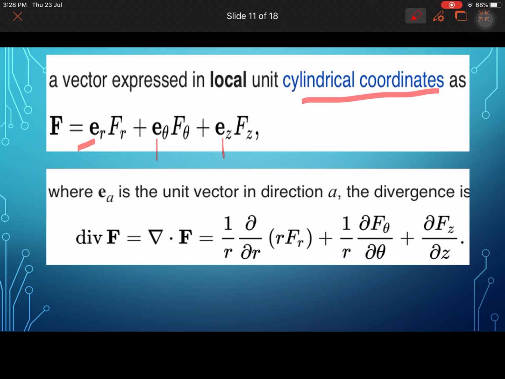The divergence is given by div f equal to del dot f, that is 1 by r into dou by dou r of r into fr, plus 1 by r into dou by dou theta of f theta, plus dou by dou z of fz. My dear students, this is for those who are enthusiastic towards physics, who want to pursue physics as their lifetime subject.